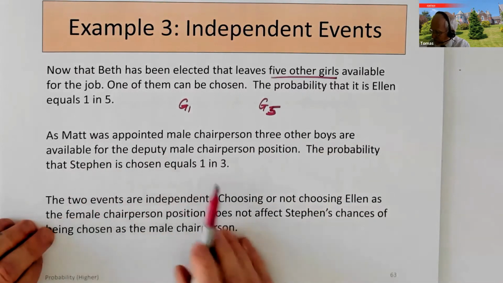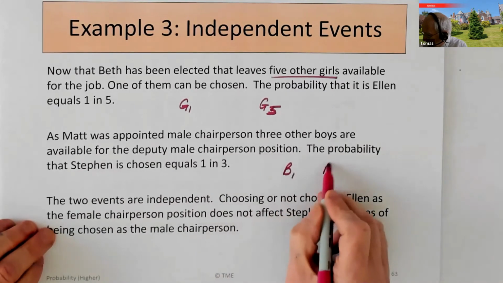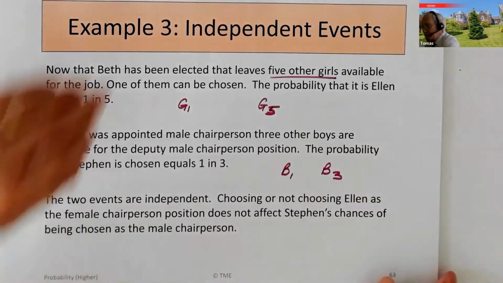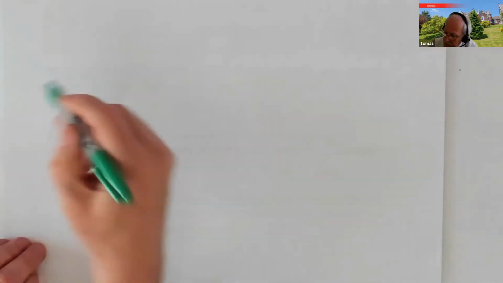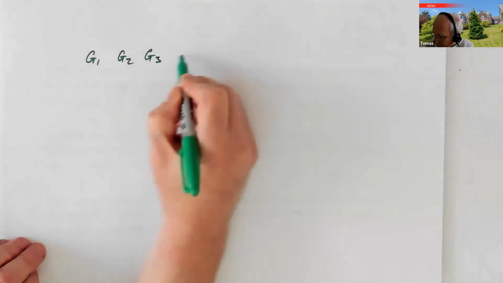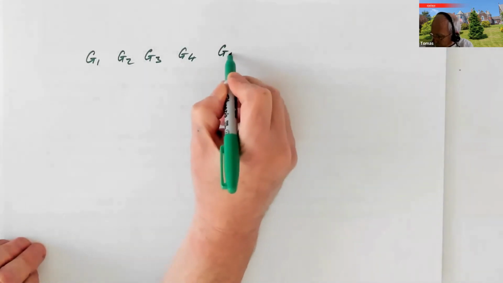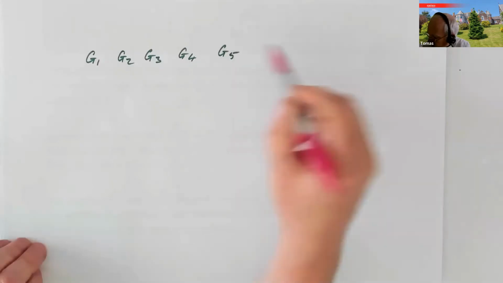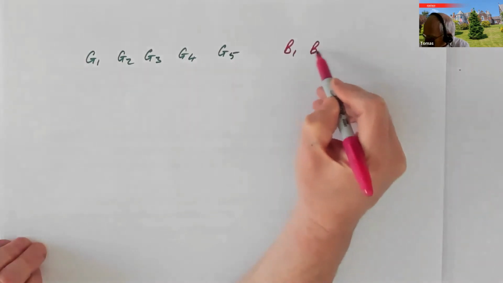There are 3 boys, B1 to B3. So we've got girl 1, girl 2, girl 3, girl 4, girl 5. Boy 1, boy 2, boy 3.